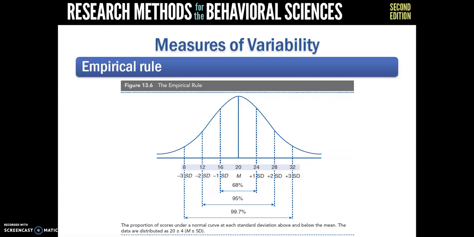For instance, when we test IQ, the mean for IQ is 100. Anything below 80 or 60, we consider down here, which we oftentimes called mental retardation.